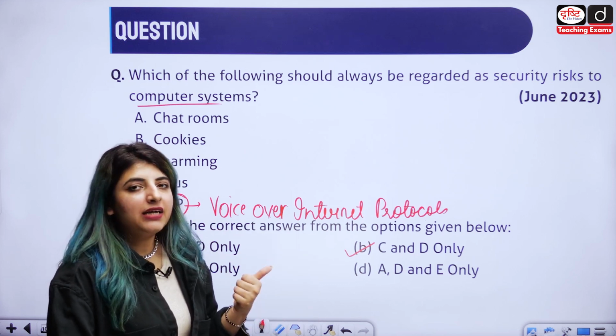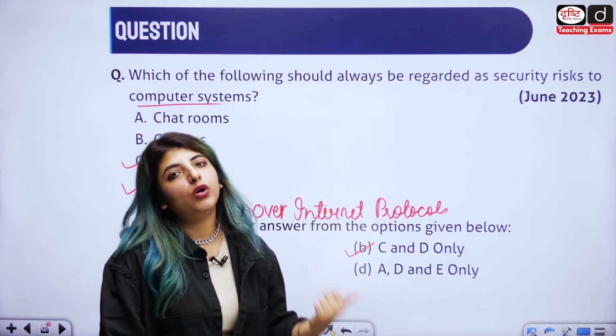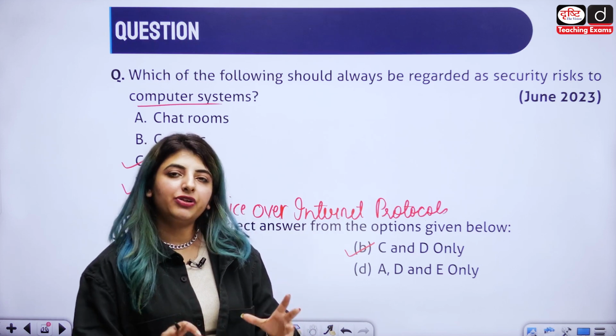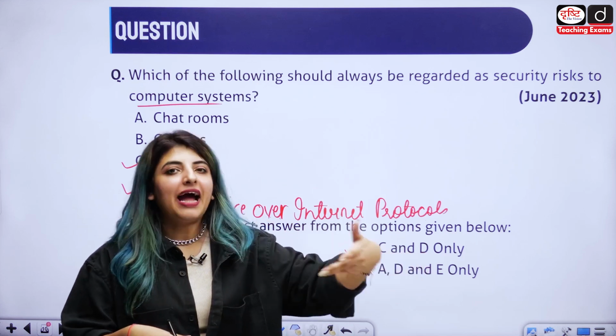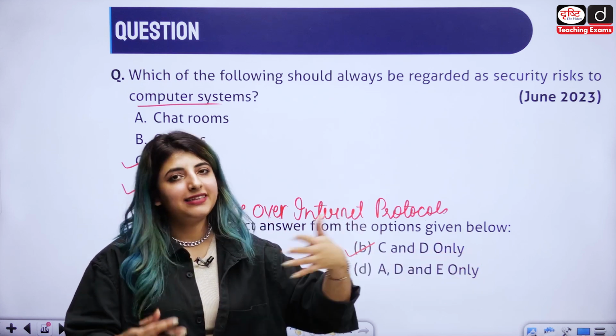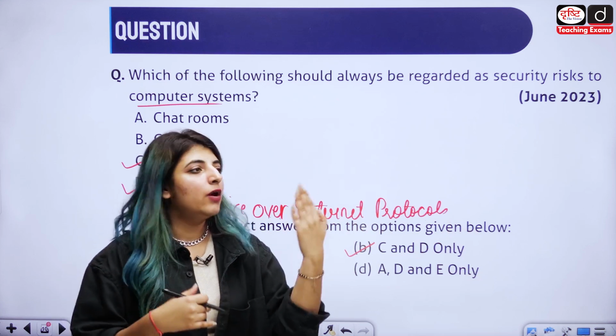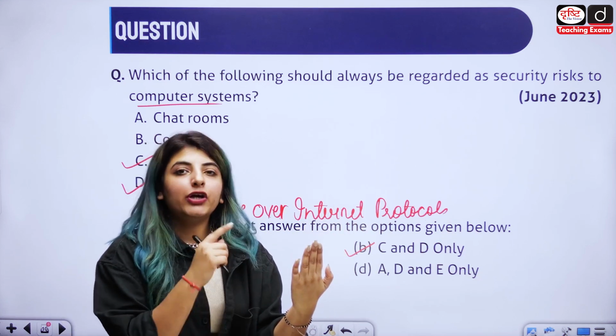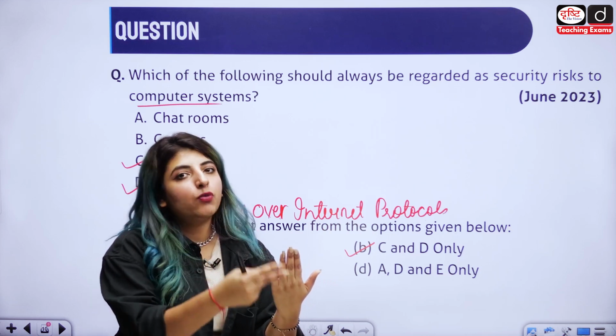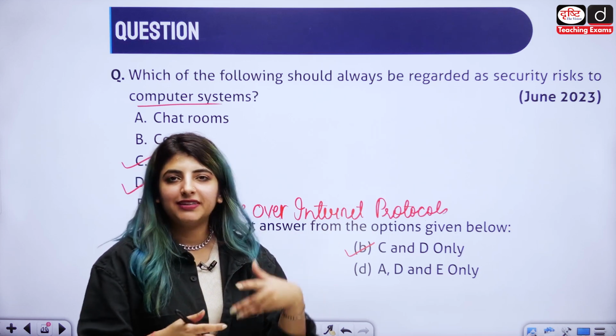VoIP's full form has been asked. An example would be WhatsApp calling, because we are using the internet connection to connect with the other person at the receiving end, receiver and sender. So we are calling someone, we are on a Skype call and all. This is voice over internet. We are using the internet to put our voice across and talk to the other person on the call.